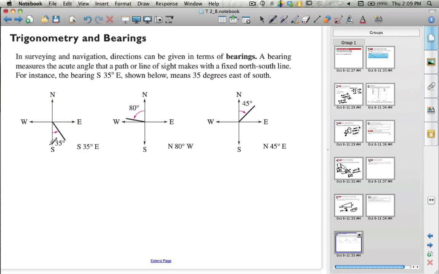I'm sorry, 35 degrees from the y-axis, right? So you go due south and then you move 35 degrees toward the east. Okay, so my mistake in how I described that. This would be north 80 degrees west. This would be north 45 degrees east, and you can see that each thing creates a slightly different type of angle.